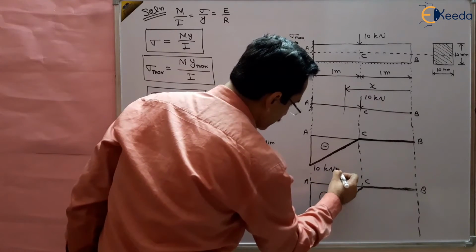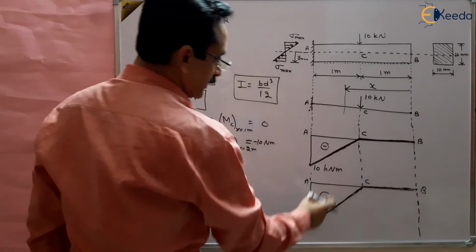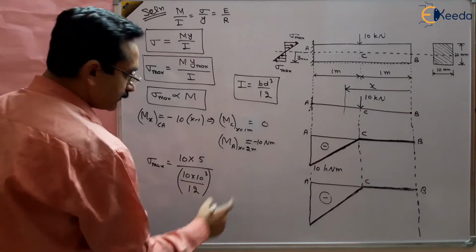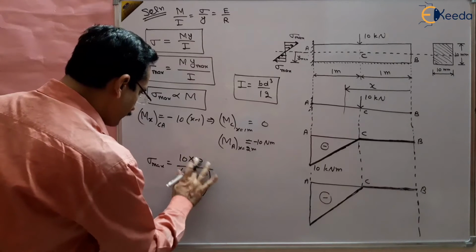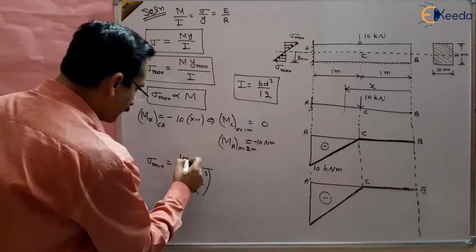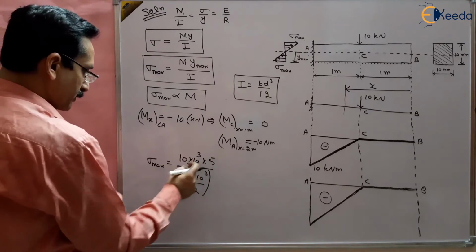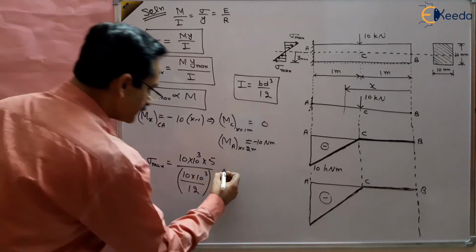It should be kilonewton meter, then only we will get the 60 megapascal answer here, which is given in the option. So 10 kilonewton meter, it means 10 multiplied by 1000 and then 5, right? So now 10 cancel, 10 cancel, you will get 60 megapascal.